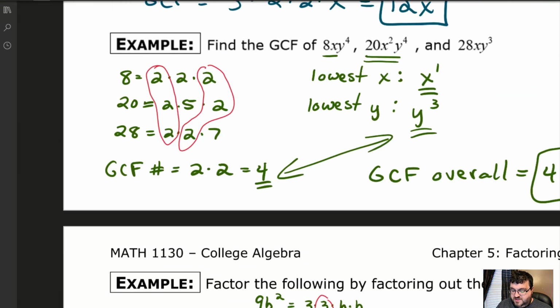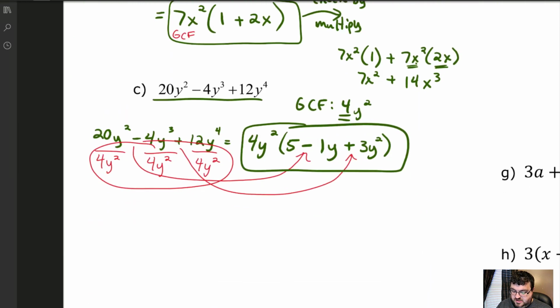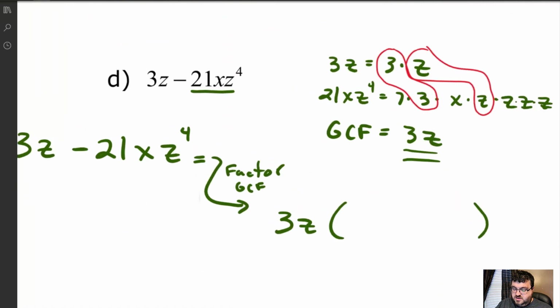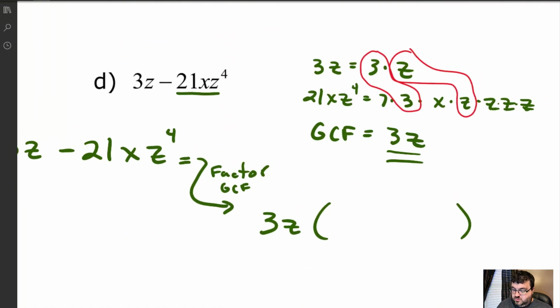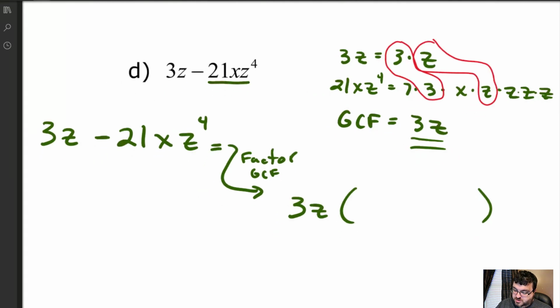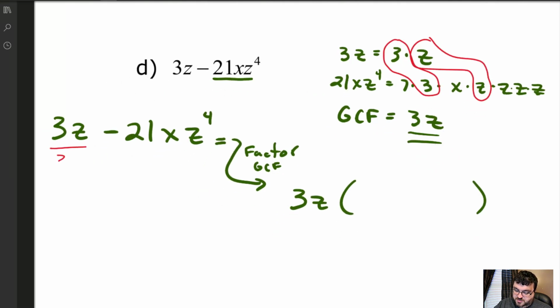When you divide 3z by 3z, that is going to end up being 1. So I want to take my GCF of 3z and divide it into 3z to figure out what I'm going to get for my first number right here. Well, 3z divided by 3z ends up being just a 1 right here.